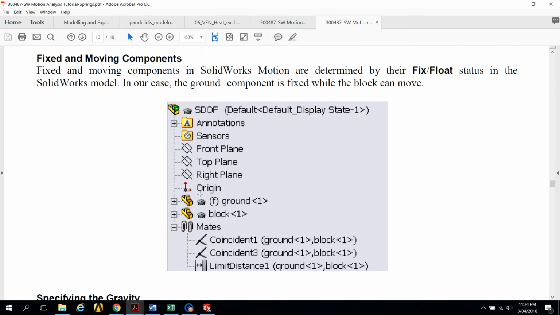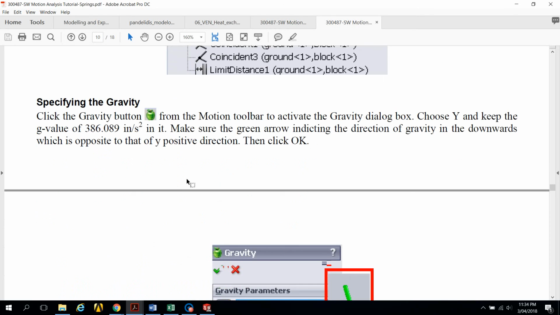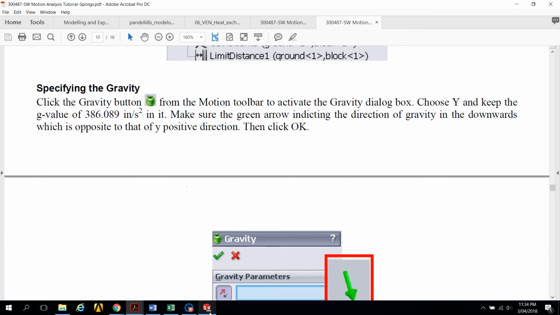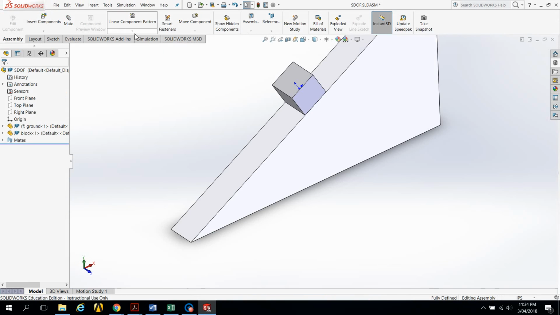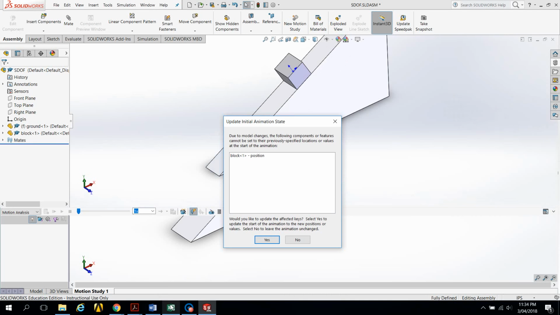So once again we have some moving parts and a fixed part. The floor is going to be the fixed one and the block is going to be the moving part. Specifying the gravity from the motion toolbar, so I have to check the motion toolbar.